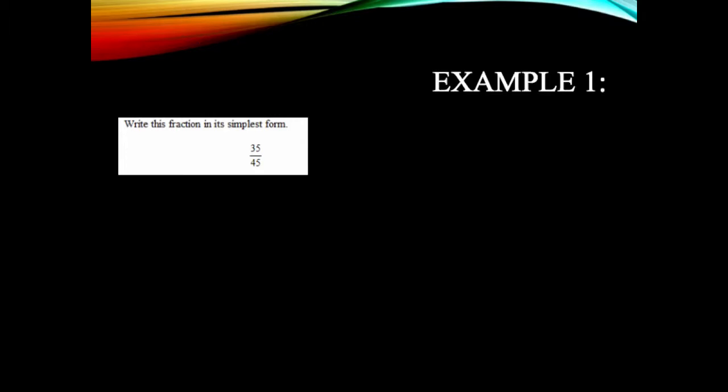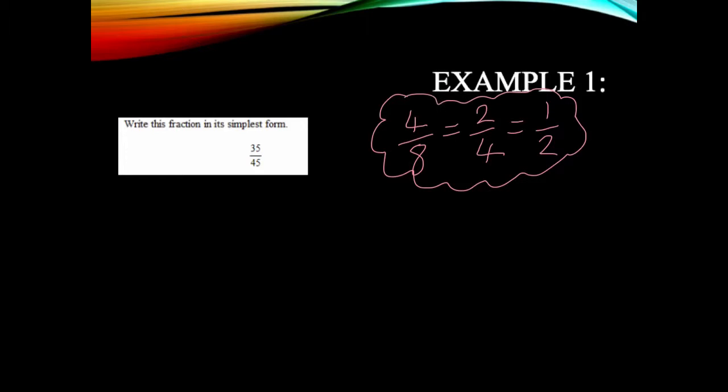You might be used to doing something like this, where you've got 4 over 8, and you say, well, I can half the top and half the bottom. Or I can do it again, half the top, half the bottom. And that's all perfectly fine. However, in this example, we can see that we can't just half the top and half the bottom, but that doesn't mean we can't cancel it down.